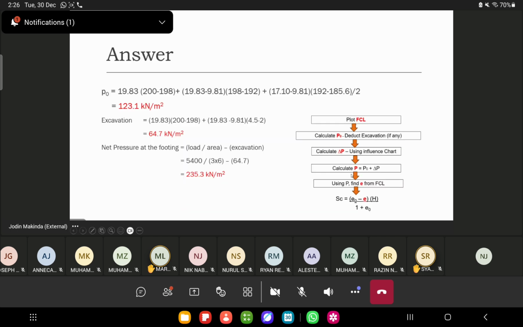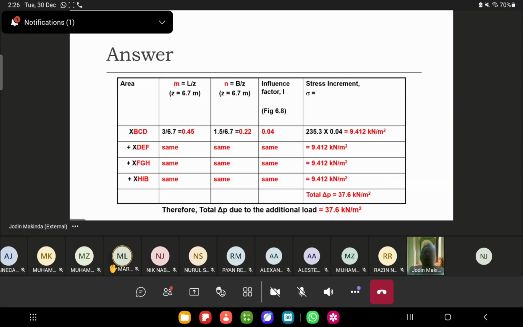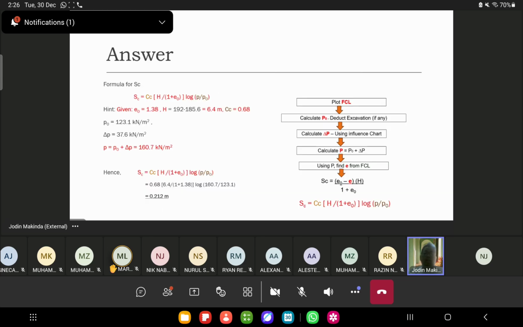So initially, the stress is 123. After the construction, it increases by 37.6. Therefore, initially P naught is 123.